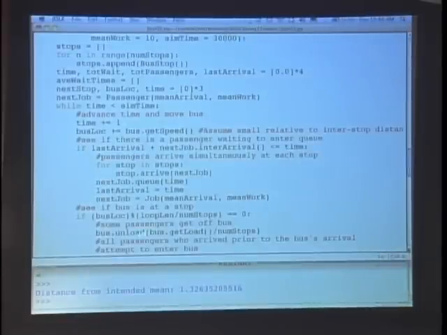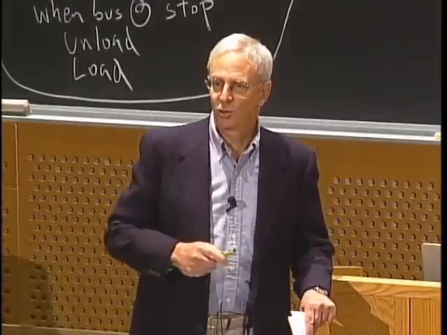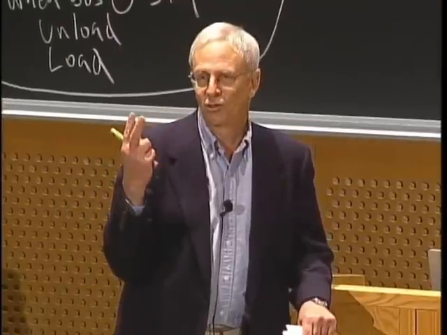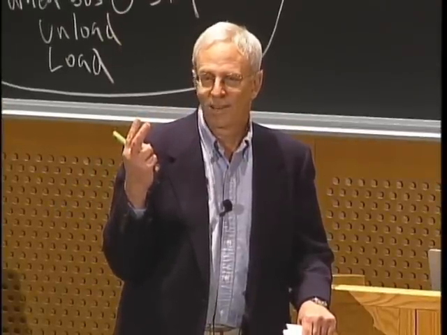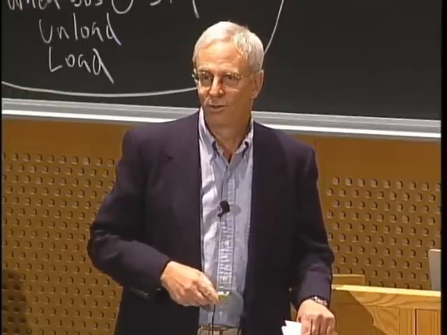All right, then I'm going to unload some fraction of the passengers. Now again, in a more realistic simulation, I'd be keeping track of what's the average distance a passenger wants to travel, and I would have in fact made work two dimensionals. The amount of time to get on the bus plus how far the passenger wanted to travel.